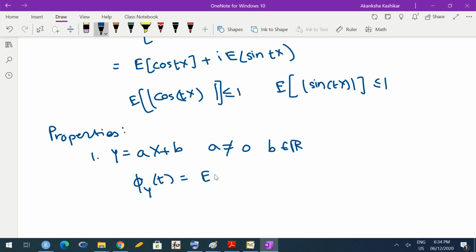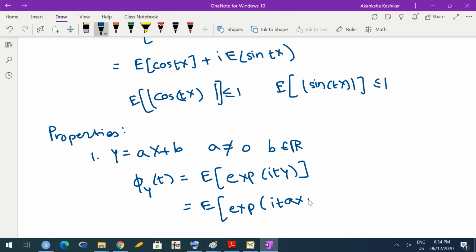It would become expectation of e raised to itY by the definition. Let me substitute the form for Y. Instead of Y, I am substituting aX plus b. So it becomes expectation of e raised to it aX plus itb.